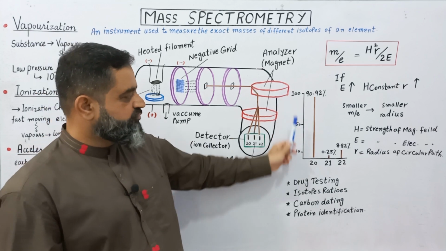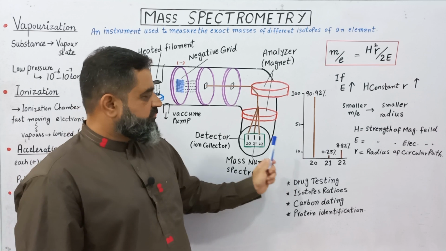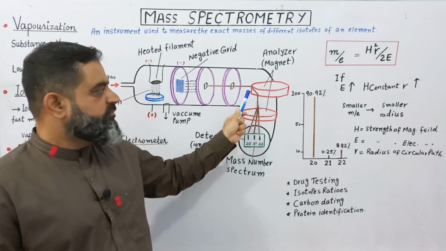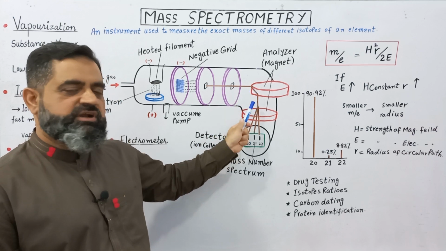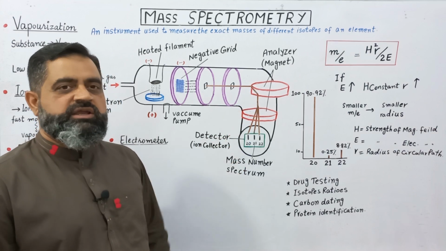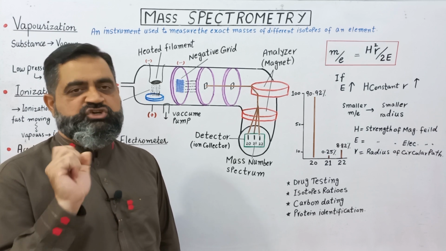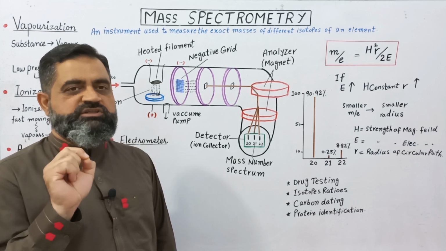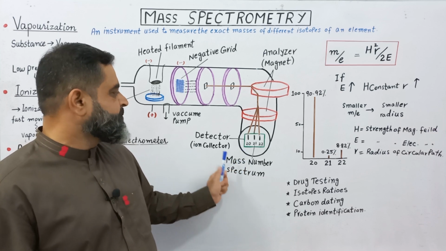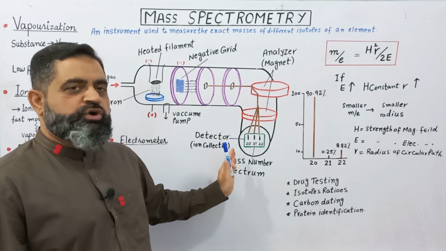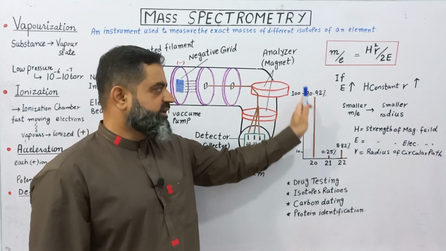So in this graph we can see that when positive ions deflected from the magnetic field fall on the detector, it produces a small or minute electric charge. This minute electric charge can be detected by the detector, and it can be recorded in the form of a graph right over here.